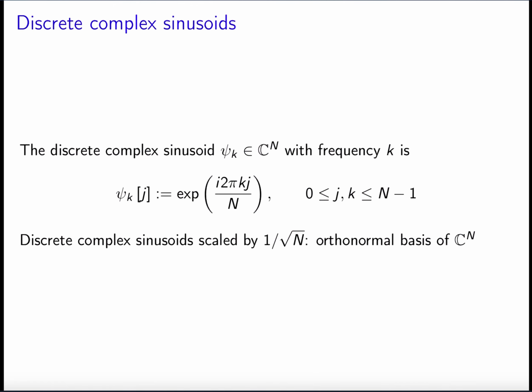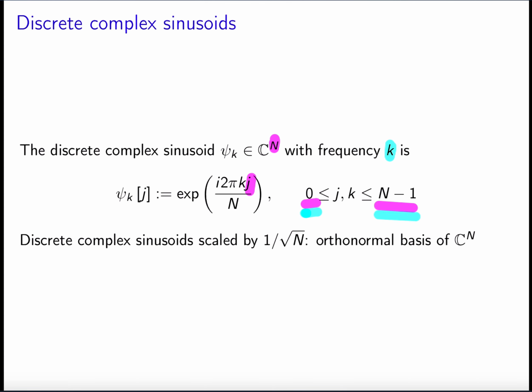The discrete complex sinusoids, which we already talked about when we talked about sampling, are n-dimensional vectors which have this entry j that goes from 0 to n-1, and they're indexed by another variable k, which represents the frequency and which also goes from 0 to n-1.